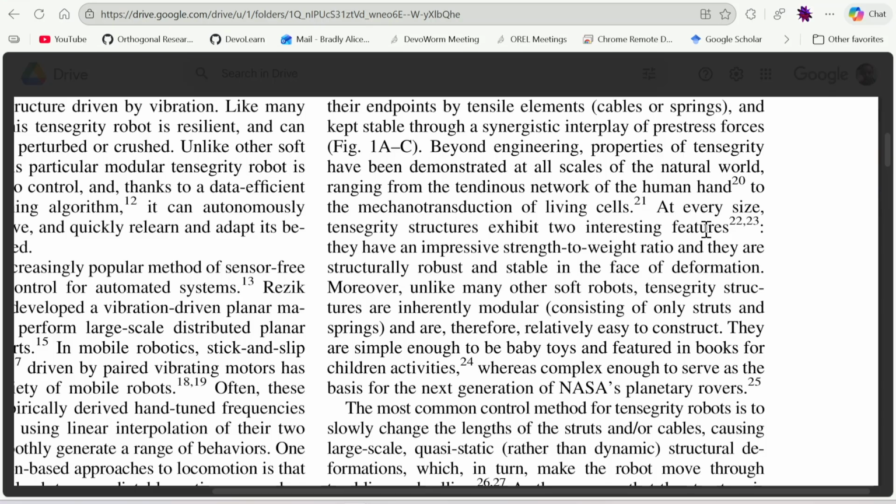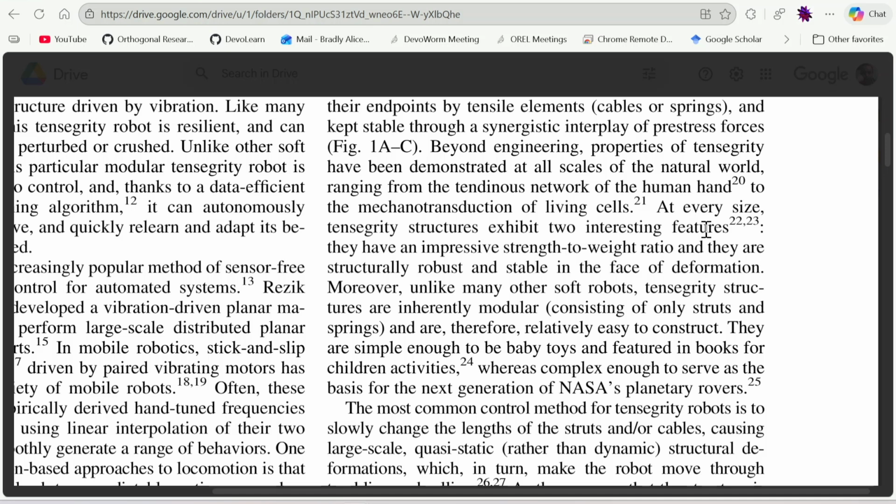And then we have these structurally robust and stable structures that are basically invariant in the face of deformation. So you can deform something quite a bit and they respond by maintaining their shape. You can also load them quite a bit and they are still functional. So this speaks to biological function, that we want structures that maintain their function under these conditions.